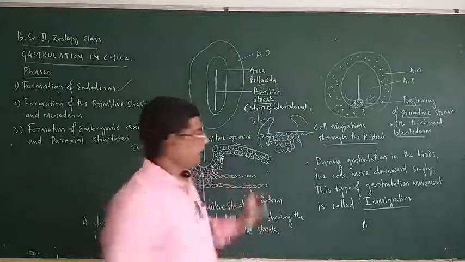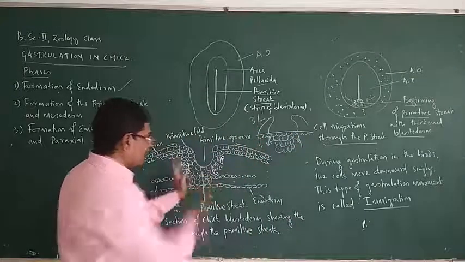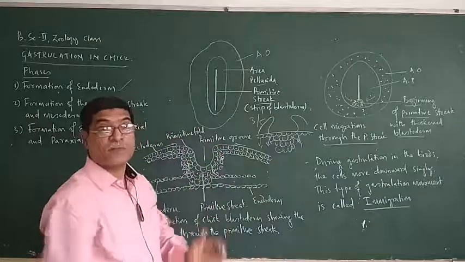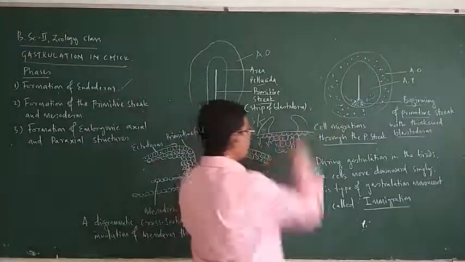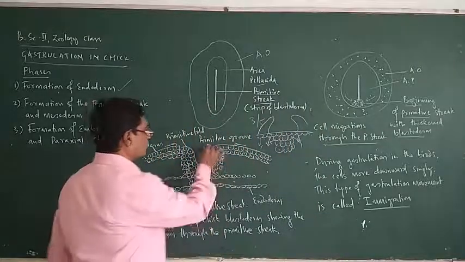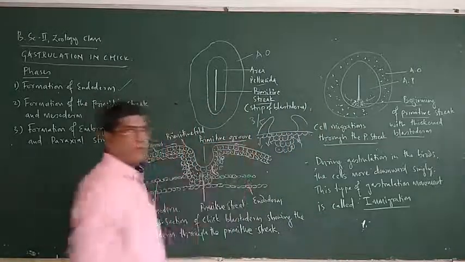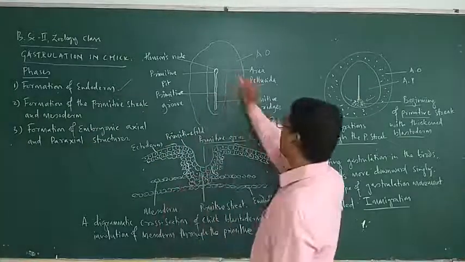Cells are separated and move downward towards the hypoblast. As a result, a groove is formed along the primitive streak. That groove is called the primitive groove. Primitive streak formation is completed.